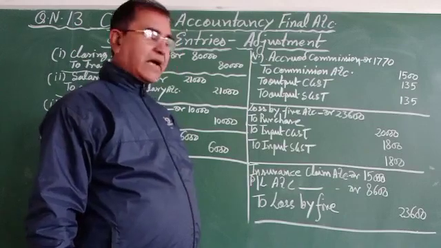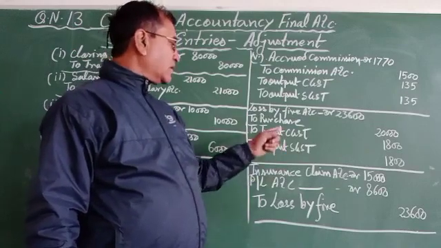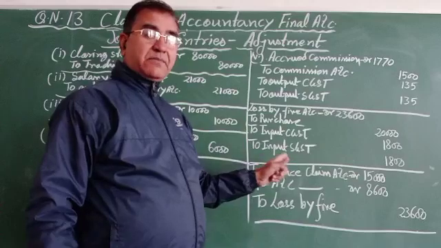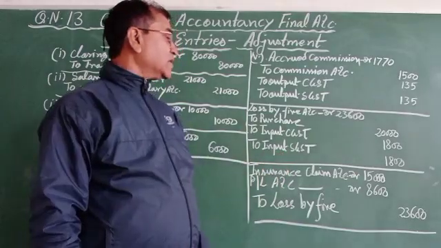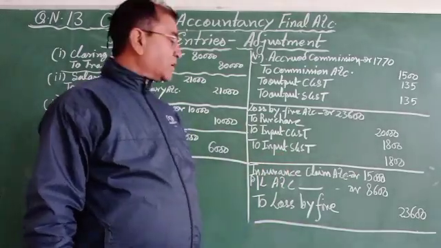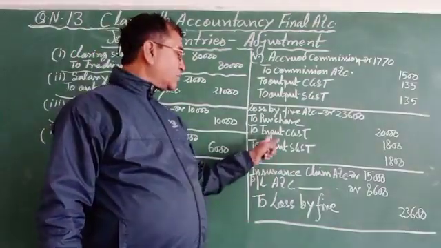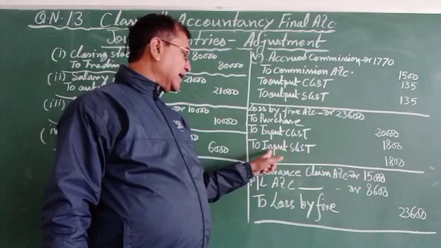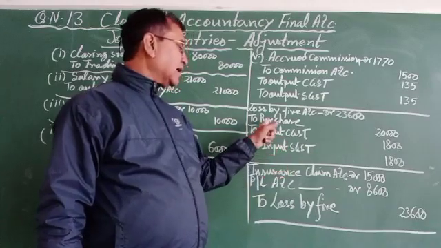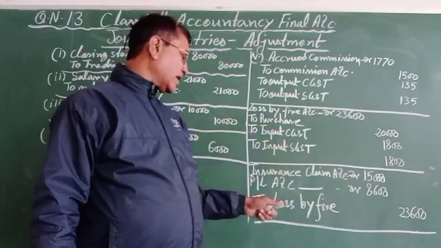Here the loss by fire account: a fire took place in the organization and 20,000 of goods destroyed by fire. So now dear children, the input GST, paid when the goods were purchased, is credited, input SGST credited and purchase credited, loss by fire.